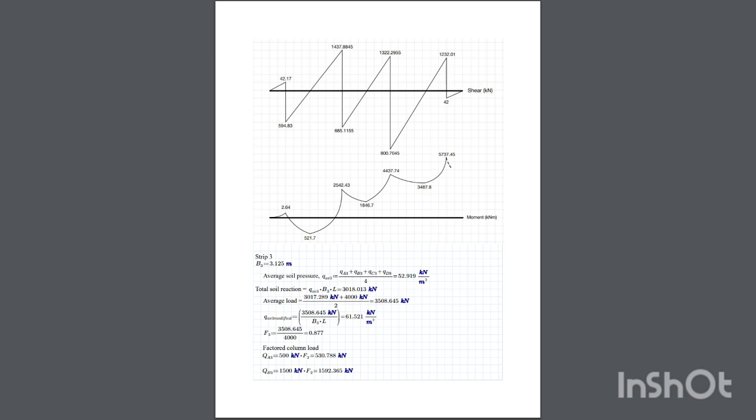Our factored column load is QA3 equal to 500 kilonewton. F3 is equal to 530.79 kilonewton. QB3 is 15,000 kilonewton. F3 is 15,092.365 kilonewton.